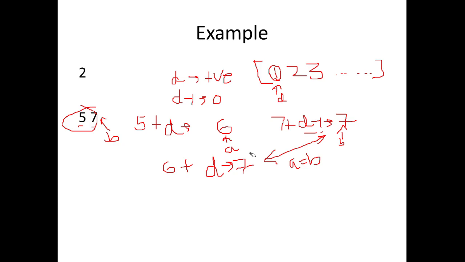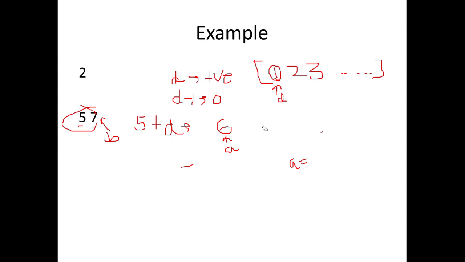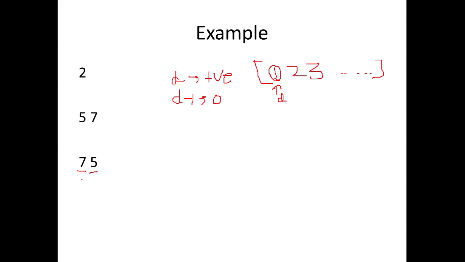Now let's take another example. We have just swapped the values of a and b to make it clear that this will also produce yes.